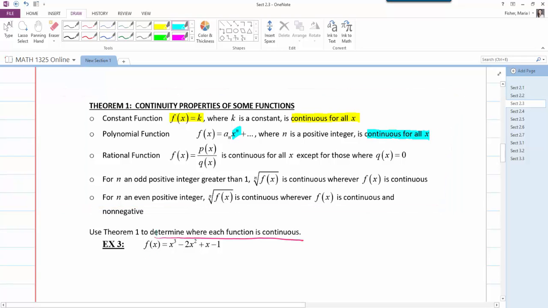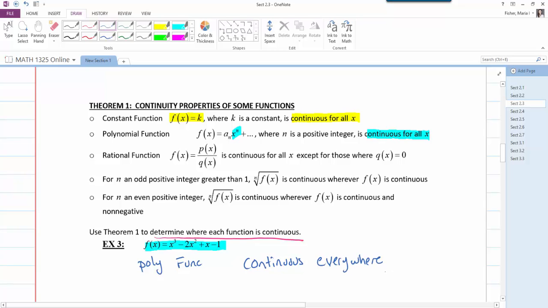Well, what is f of x equals x cubed minus 2x squared plus x minus 1? Well, this guy here just happens to be a polynomial function. How do I know that? Because it's x raised to positive integers. X cubed, x squared, x to the first power. So, since that's a polynomial function, we can say that this is continuous everywhere.